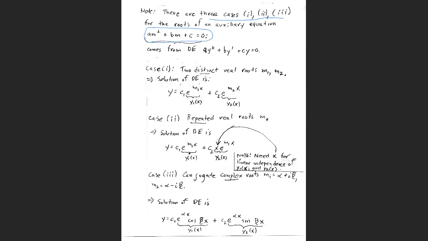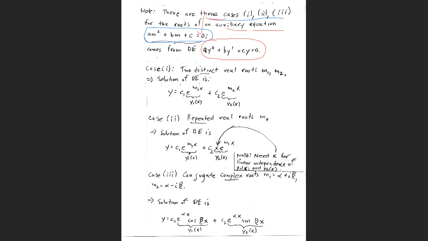That auxiliary equation comes from the second order differential equation, ay double prime plus by prime plus cy equals 0.